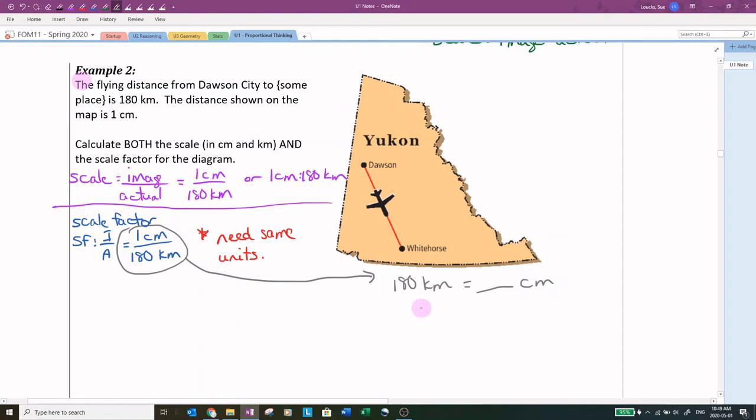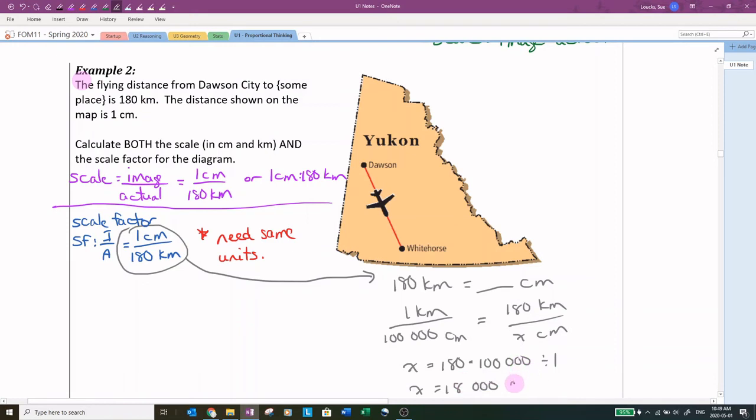Using the techniques we did in the last section, 1 kilometer is 100,000 centimeters. So 180 kilometers is going to be x centimeters. And x is going to be 180 times 100,000 divided by 1. X equals 18 million centimeters.